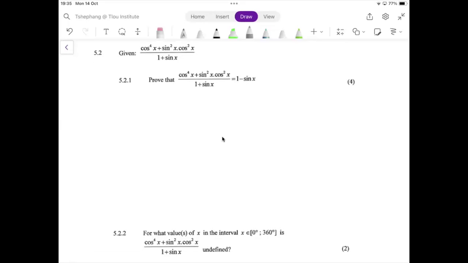So we can say that the left-hand side is equal to LHS. Now, what I want to do immediately is take out a common factor of cos squared x. Cos squared x times (cos squared x plus sine squared x), all over 1 plus sine x.